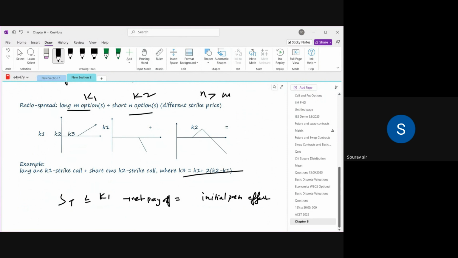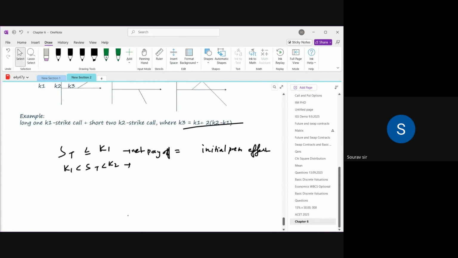And for a moderate increase, K1 < ST < K2, the long call at K1 gains value, the short calls at K2 are still worthless, and the net position is profitable. And for a large increase, ST greater than K2, the long call gains, but the two short calls lose even more. So here the net payoff starts to decline and can turn negative.